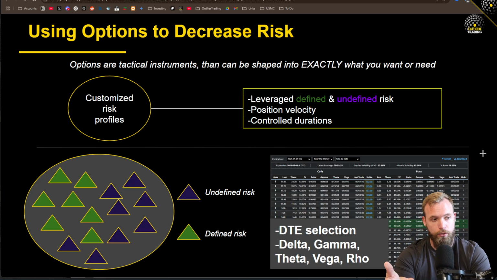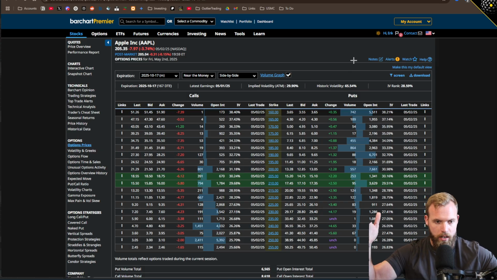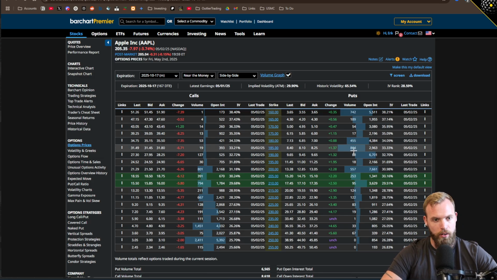The other thing you can do is build positions that behave very differently than something like long stock, which always has a delta of 1. Let me give you an example. If we go back into this Apple trade, and let's say that we think it's going to go down, just throwing a direction out there, it doesn't really matter. I just want to use it for the example here.